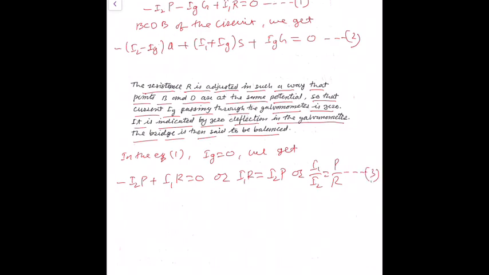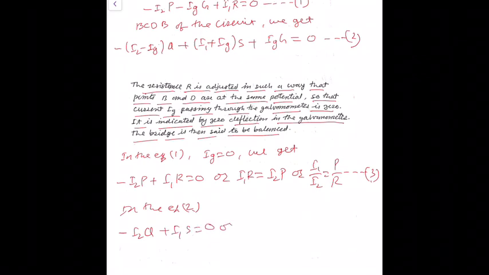That is equation third. Also putting Ig equal to 0 in equation 2, we get minus I2Q plus I1S is equal to 0, or I1 into S is equal to I2 into Q, or I1 upon I2 is equal to Q upon S. That is equation 4.